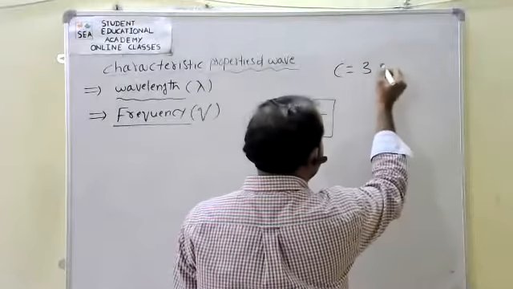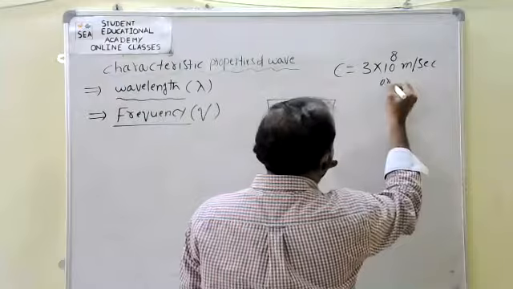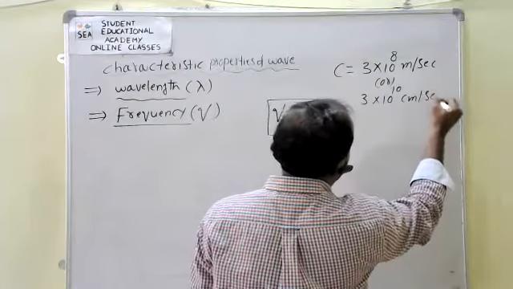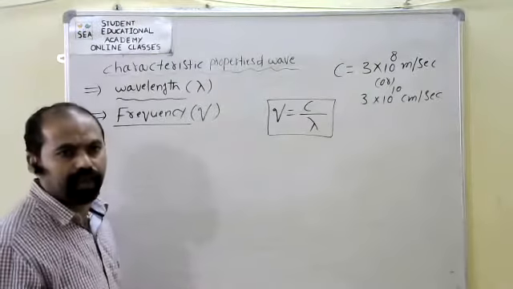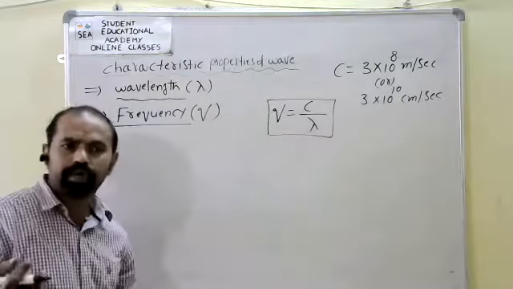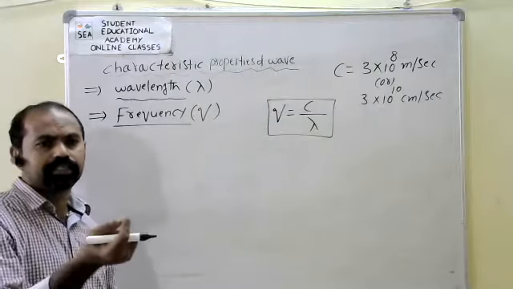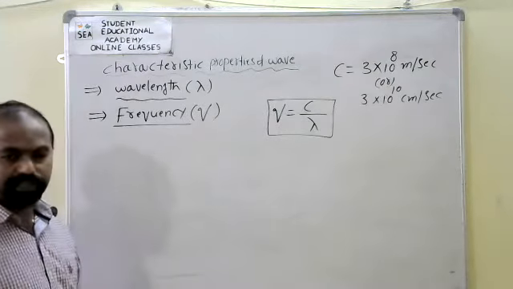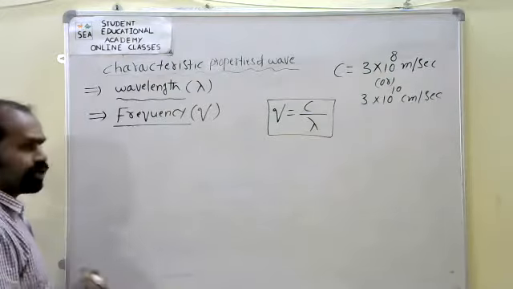That is equal to 3 into 10 power 8 meter per second, otherwise 3 into 10 power 10 centimeter per second. The C is the constant. What is called velocity? The distance traveled by a wave in 1 second is called velocity. So that is completed.